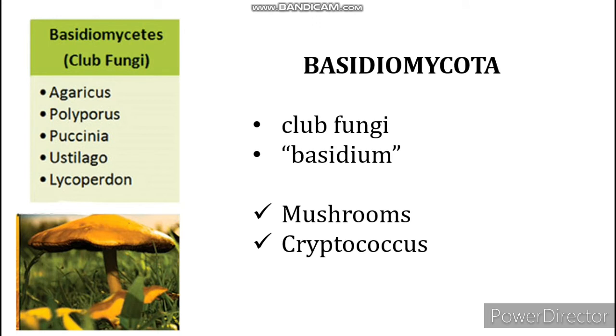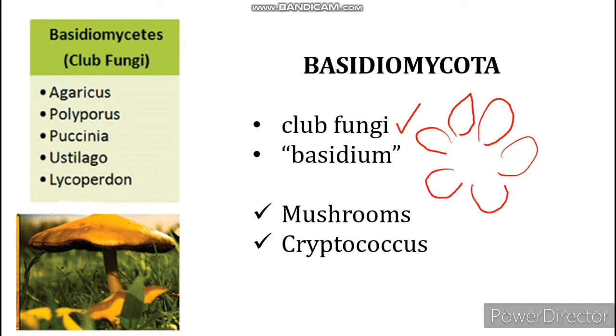For Basidiomycota, these are known as the club fungi. So, meaning yung dulo, club ba yan? Parang club shape yung characteristics niya. And it's what you call your basidium. Examples of this one are your mushrooms and your Cryptococcus species.